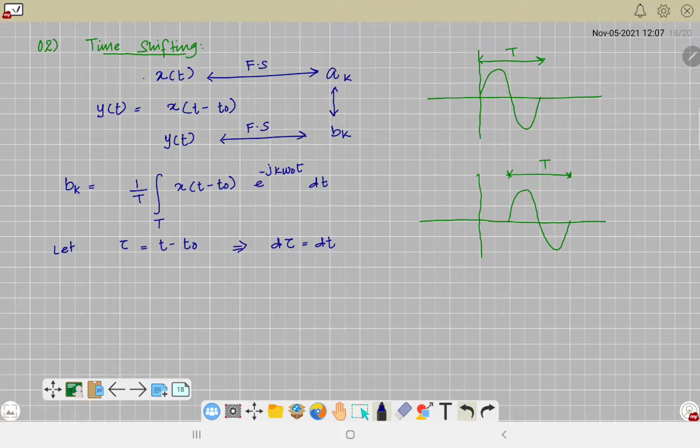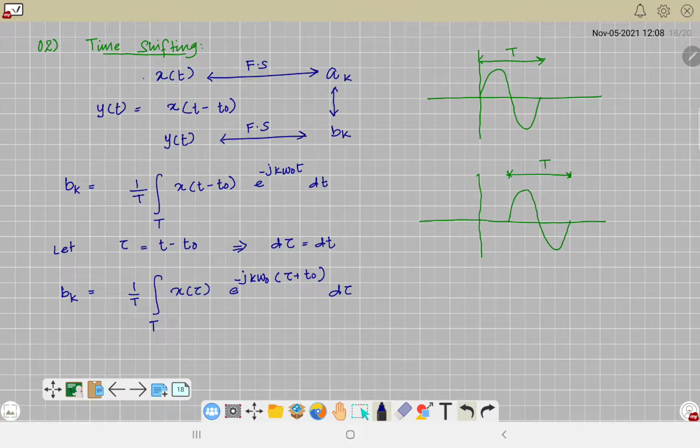T naught is a constant time shift, which means I can express b of k as 1 upon T integral over the time period T x of tau e raised power minus jk omega naught, in place of t I will write tau plus t naught, and in place of dt we have d tau.